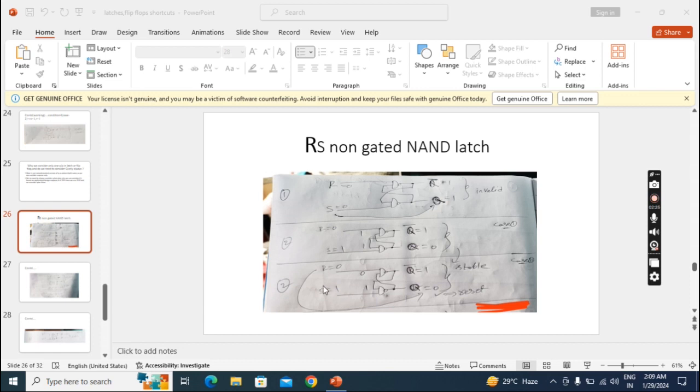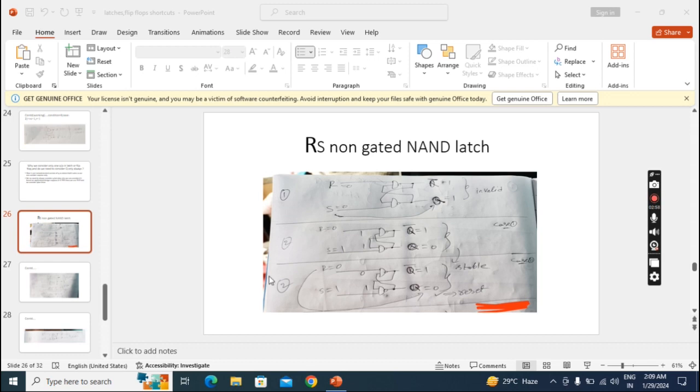So, one thing we have to observe, one shortcut. When both inputs are different, meaning S equal to 0, R equal to 1, or R equal to 0, S equal to 1, whether it is an SR latch or an RS latch, whatever the R value is, that will come to the Q. But this condition is applicable only when both inputs are different.